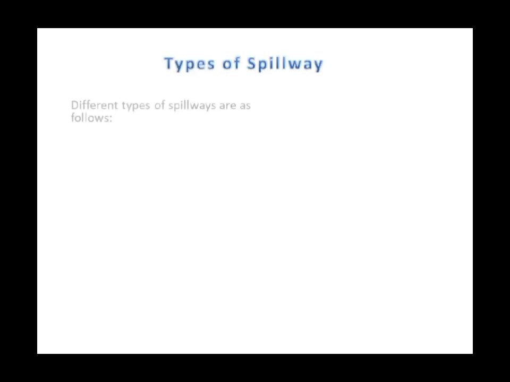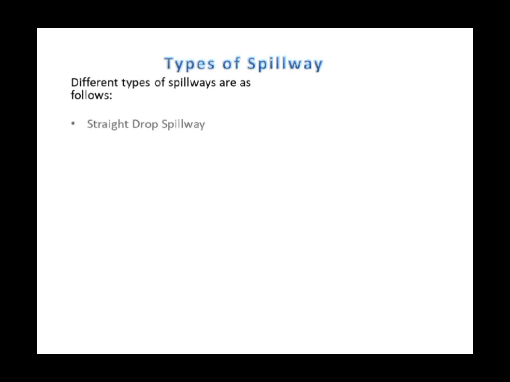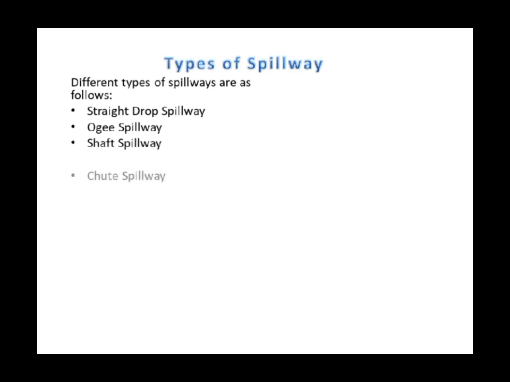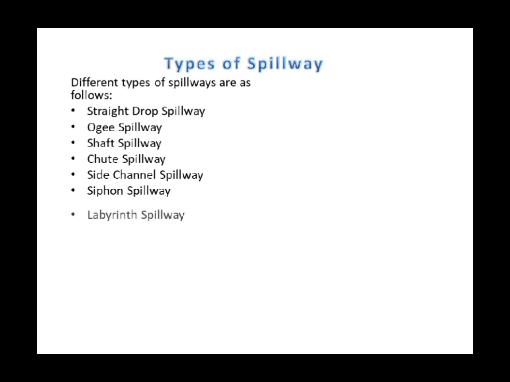Different types of spillways are as follows: straight drop spillway, OG spillway, shaft spillway, chute spillway, side channel spillway, siphon spillway, labyrinth spillway.